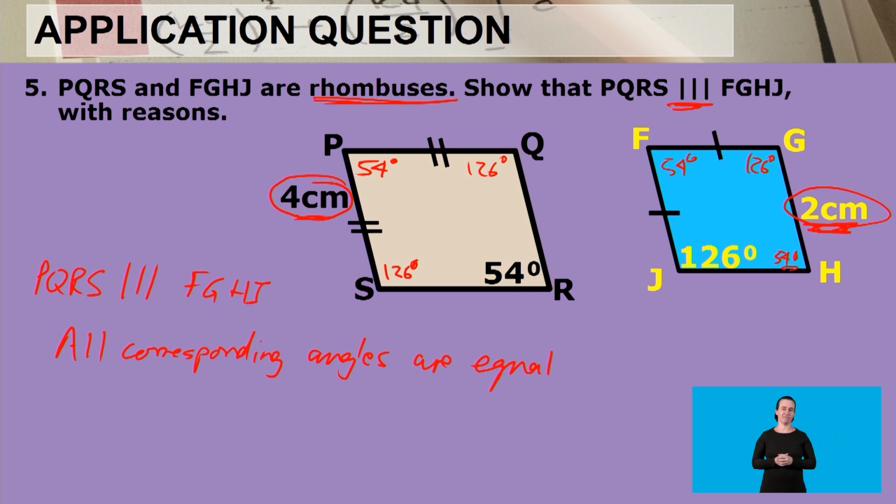And then let's look at the sides together. You would see that PQRS is a double of FGHJ.